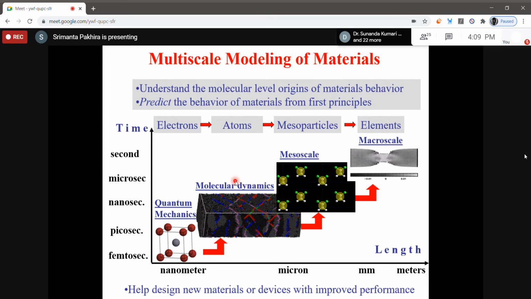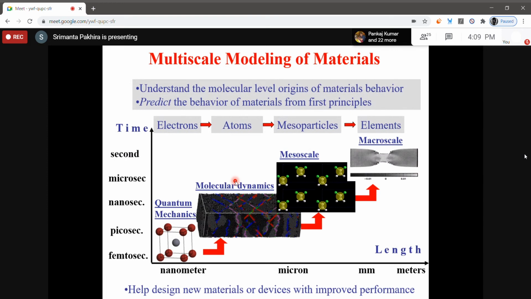Using this kind of methods and ideas, with the y-axis and x-axis and the electrons, atoms and particles, it will help to design new materials or devices, which have a lot of application in modern science and nanotechnology, especially engineering sciences, material engineering and technology.